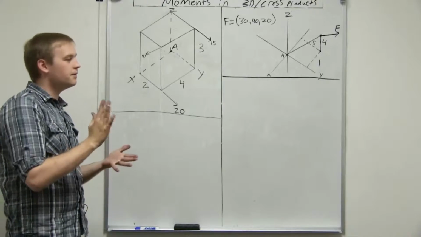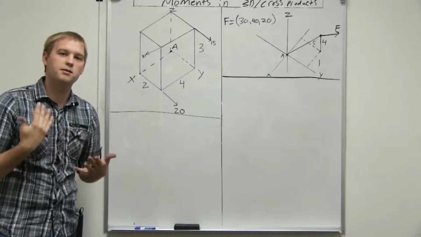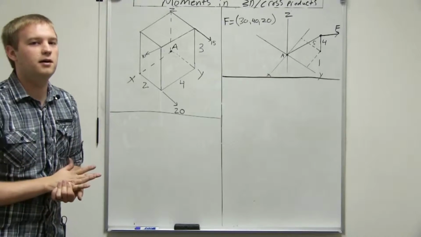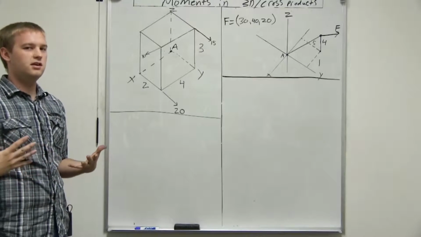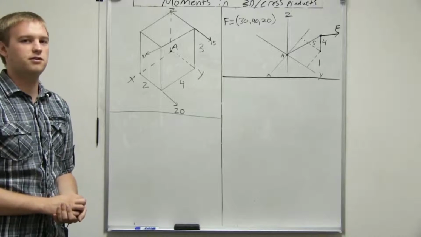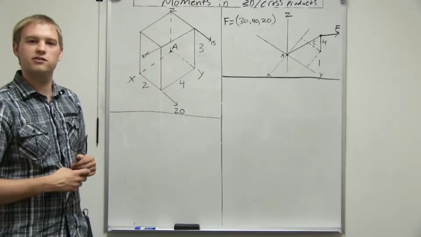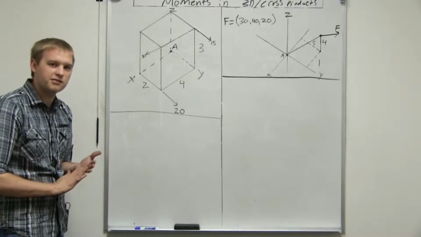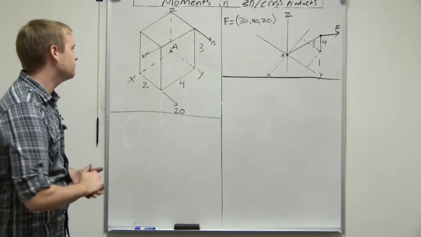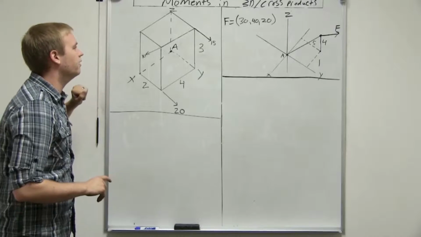So something to just be careful of and keep track of. Also, it becomes a little more difficult to see if our moments are negative or positive in 3D until we start using cross products. Cross products actually figure all that out for us, so they're nice and easy to use. But let's talk about this for a second.